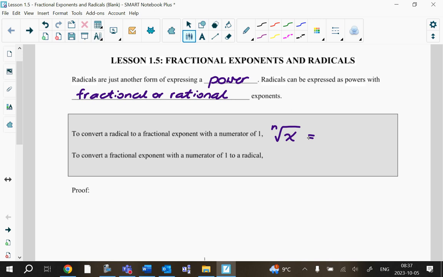So if I said square root of x or cube root of x, right, it's x to the power of 1 over whatever the root is. So whatever's inside raised to the 1 over whatever the root is. And then, of course, you can go the other way. If I give you a fraction exponent, you can convert it to a radical.